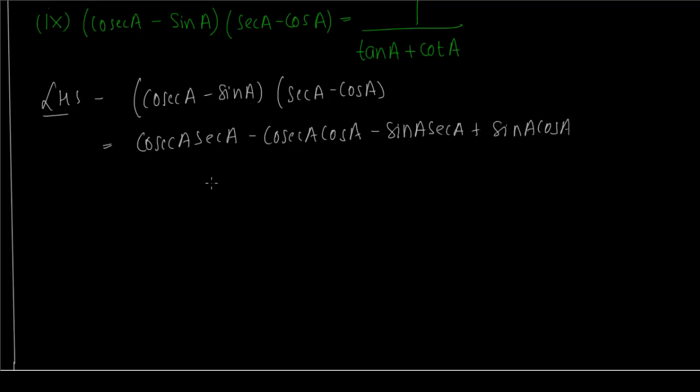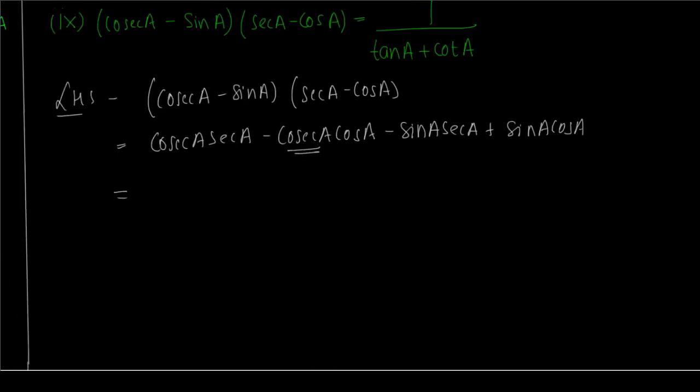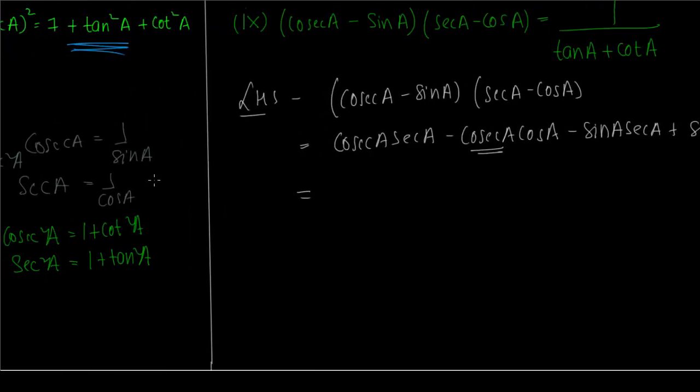Now very carefully look at these terms. You know that cosec A is 1 by sin A. Right? I had written this here as well. Cosec A is 1 by sin A and sec A is 1 by cos A. Clear? So substitute these here.